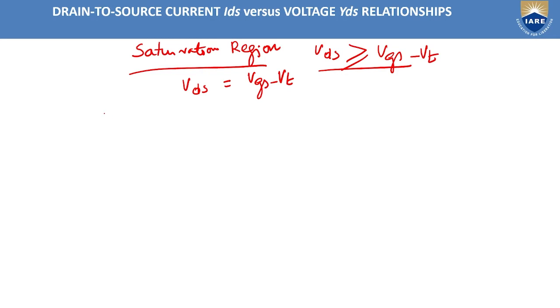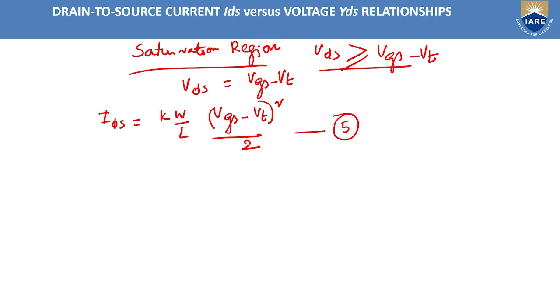So you get IDS is equal to, for the saturation region, IDS is equal to K W by L into VGS minus VT whole square divided by 2. So this is using K. So let me call this equation as 5.